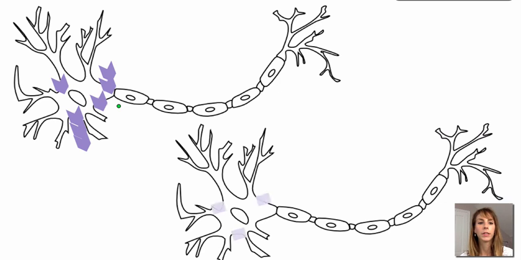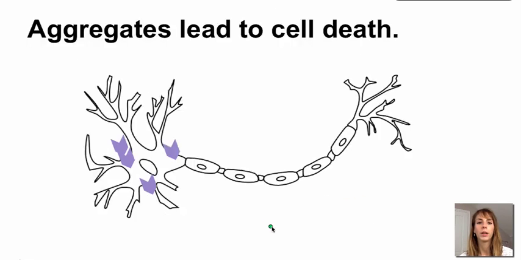Now, some of these PrP-Sc proteins can also influence nearby neurons and start to change the proteins there into the PrP-Sc form as well.